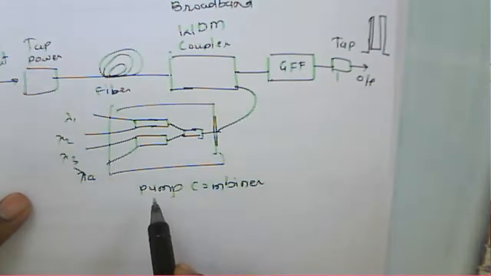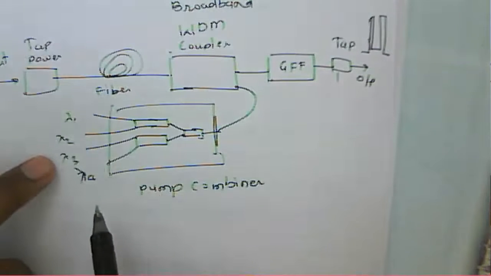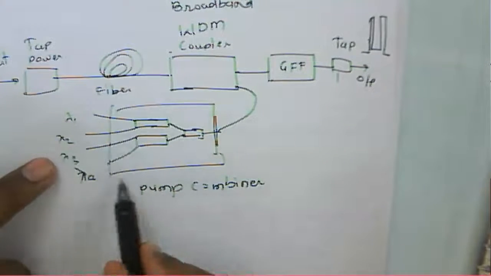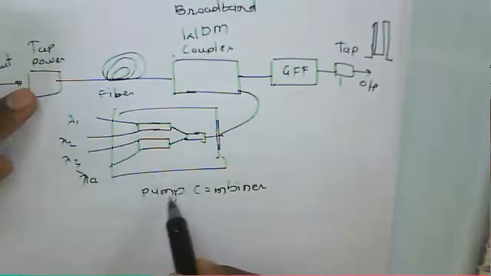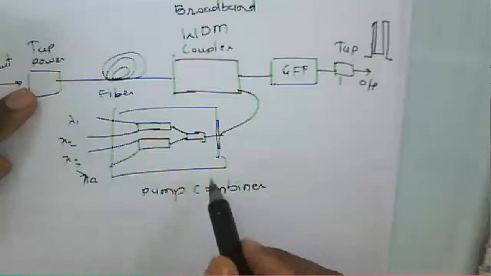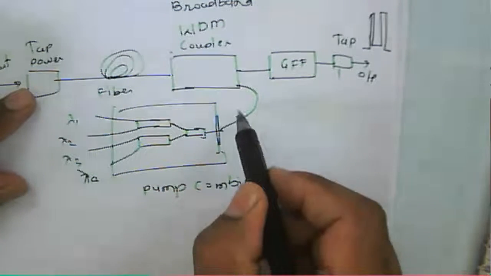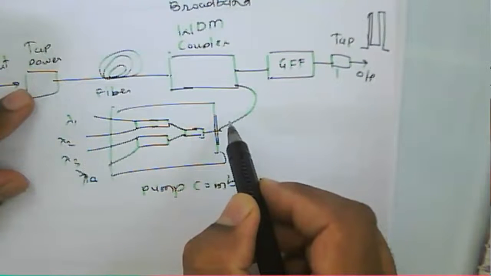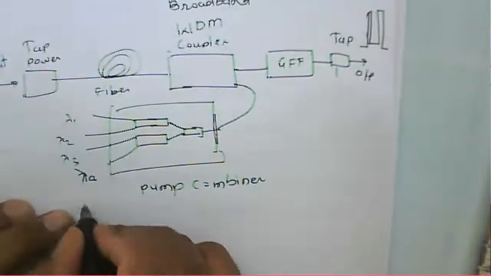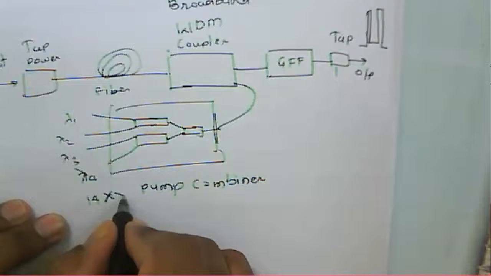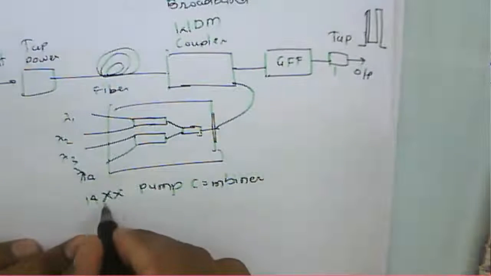Here we have a combiner that combines the different wavelength signals and produces a single output into one fiber. That's why it works with 14xx pumps, at different wavelengths.